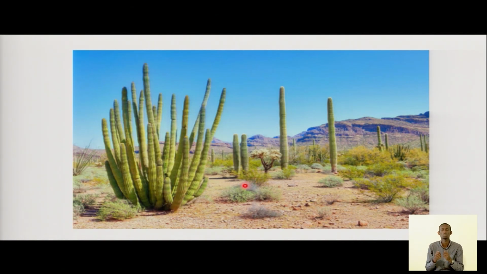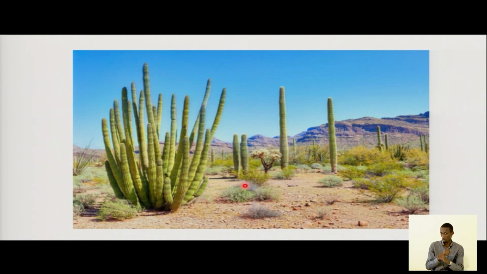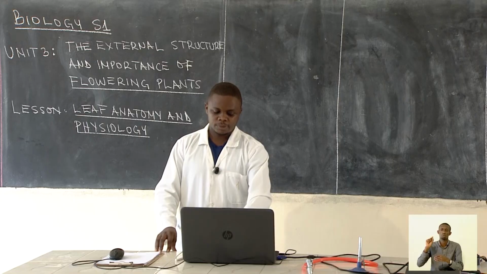One of the adaptations is modifying leaves into spines so that there is no excessive loss of water, there is no too much gaseous exchange, and in this process of preventing excessive loss of water, that means plants are able to live in the dry place or in the dry regions. So those are leaves which are modified into spines or thorns.